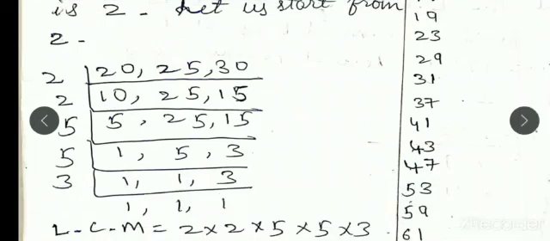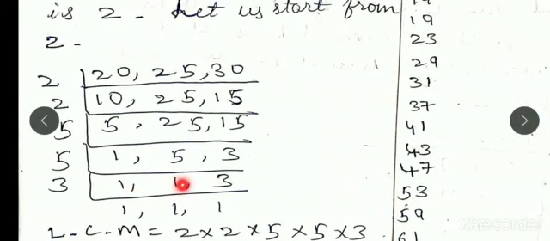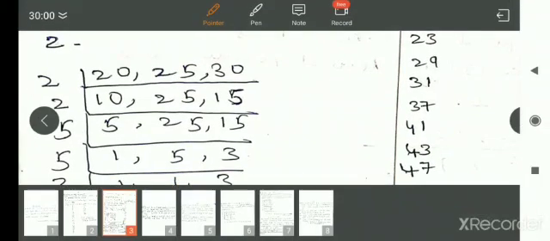Now what I will do? I cannot divide 1 and 3 by 5. Neither 1 nor 3 is divisible by 5. So what I will do?